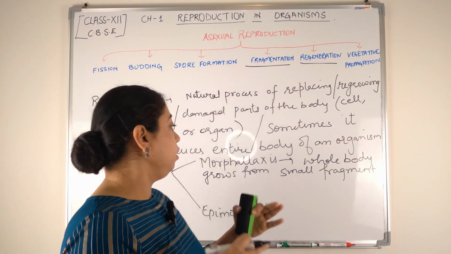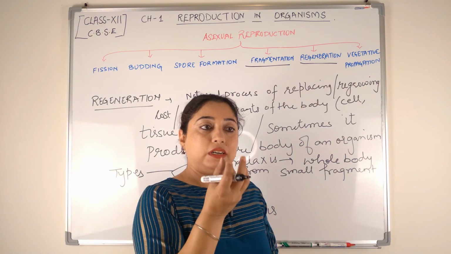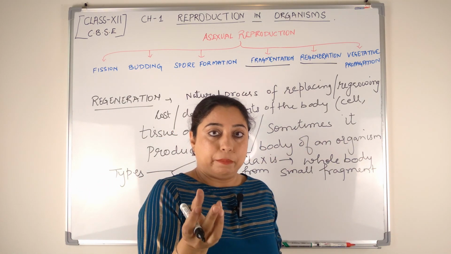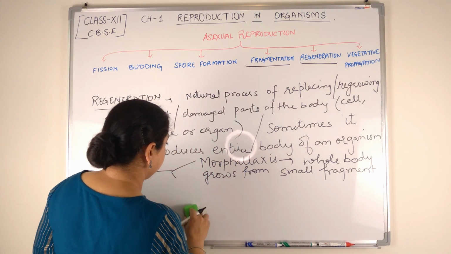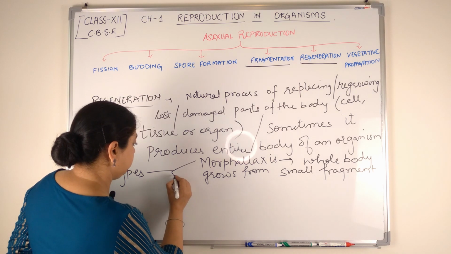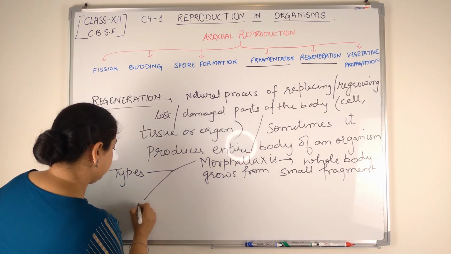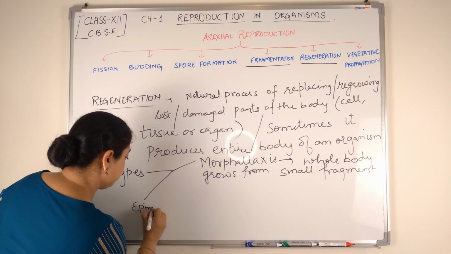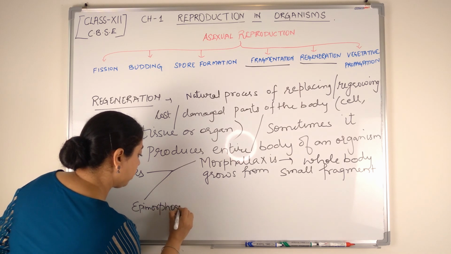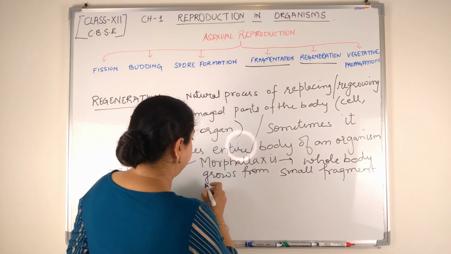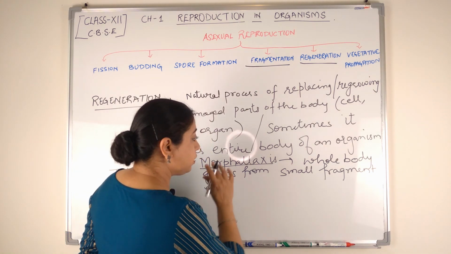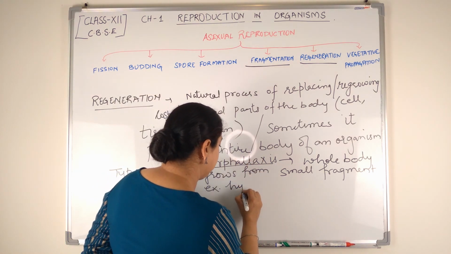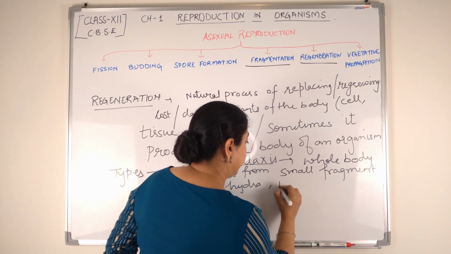The whole body of an organism grows from a tiny piece or a fragment. Fine. For example, example of Morphallaxis. It is seen in the case of a Hydra and Planaria.